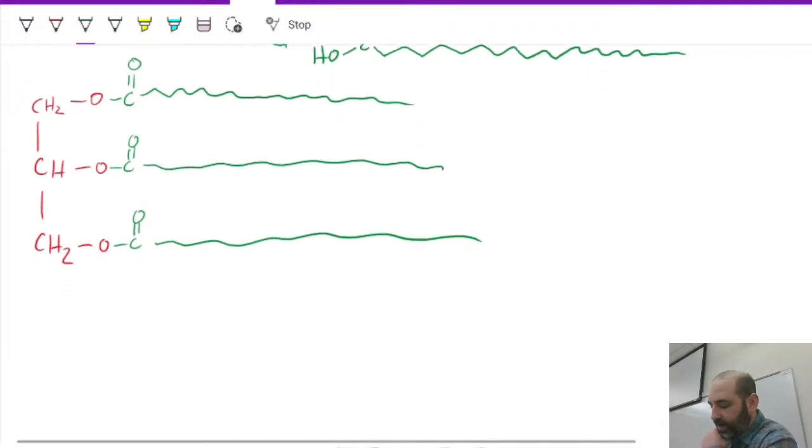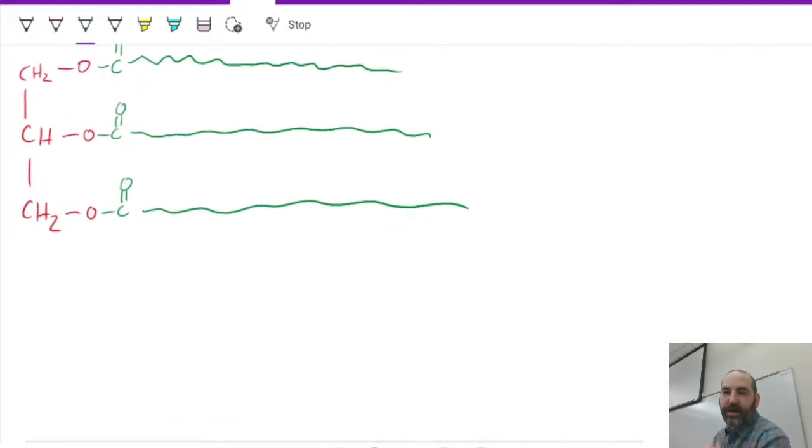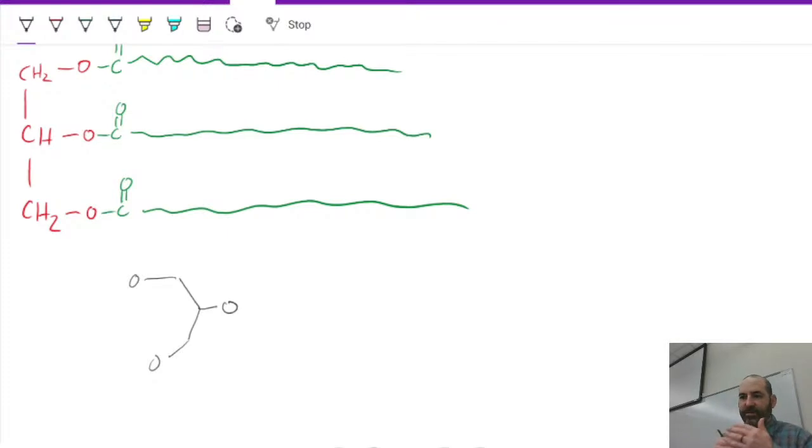Now, if we were to draw this in more of an all line structure fashion where we want to look at some of the geometries, we end up with something like this. The glycerol ends up being shaped sort of like that. It's not quite right. Sort of like this, where you could see these things start to interfere with each other, and so one flips over to the other side.